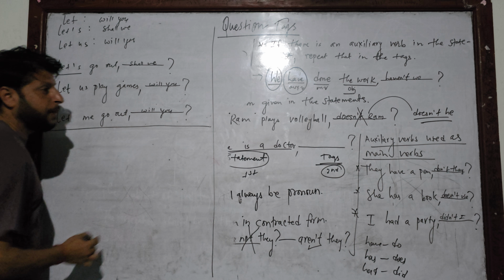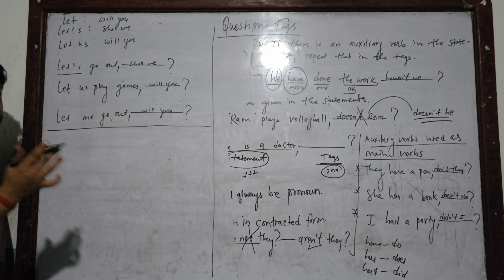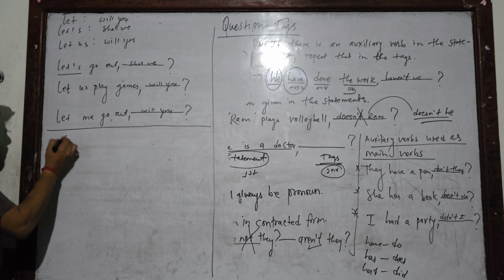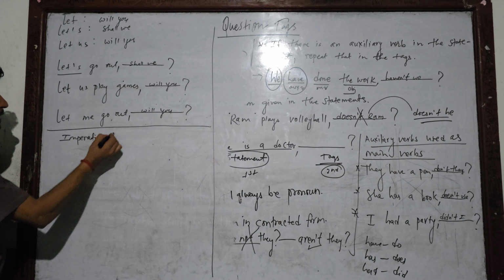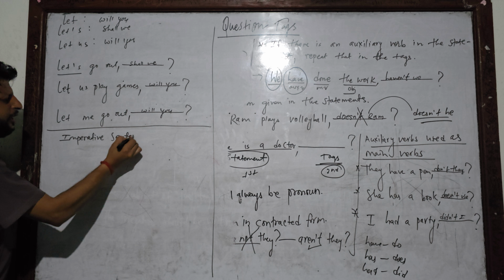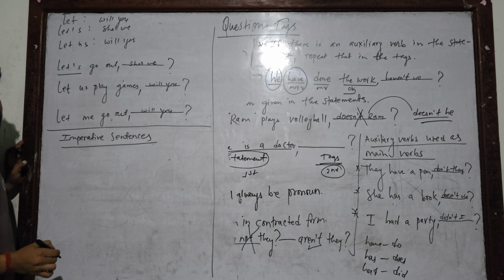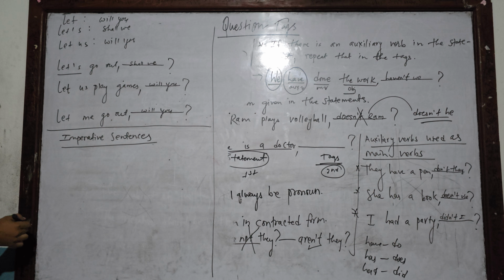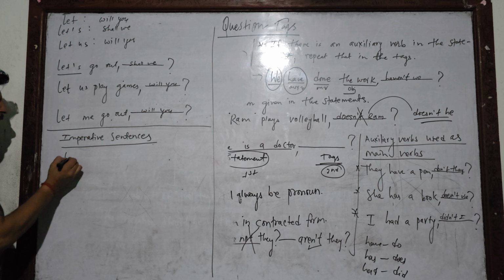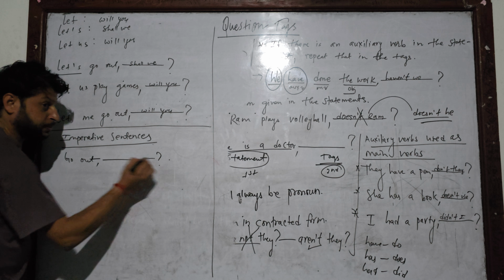Now let's talk about imperative sentences. Do you know imperative sentences? I hope you know. Imperative sentences are those that tell about command, order, request, suggestions, advice, warnings, etc. So they are called imperative sentences. Like: go out. This is imperative.